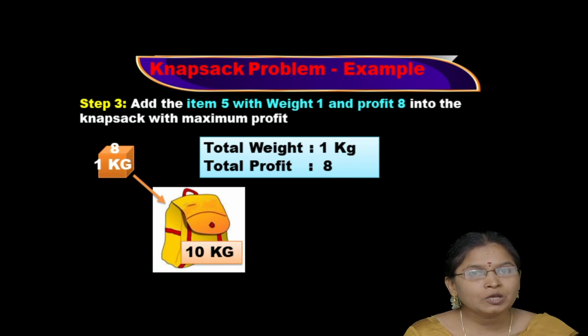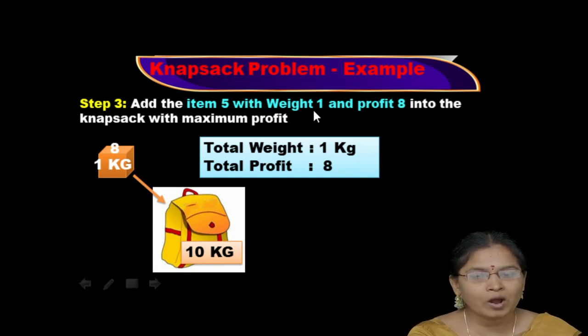Next step, we have to add the items one by one into the knapsack. First, we add item 5 with the weight 1 and the profit 8 into the knapsack. So, the total weight is 1 kg and the total profit value is 8.